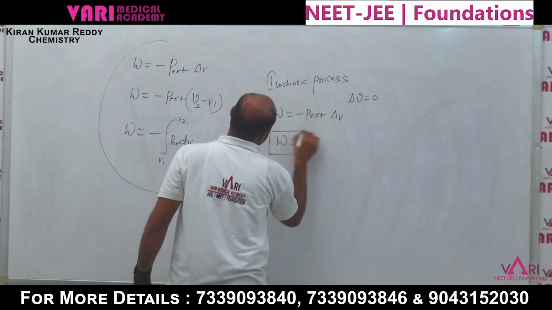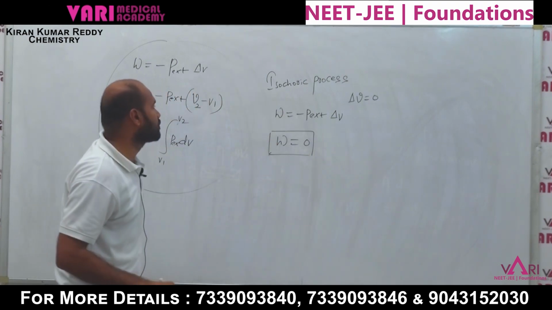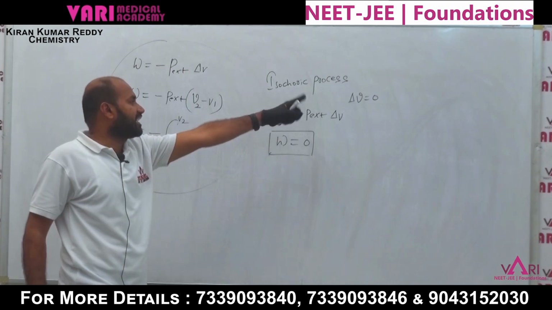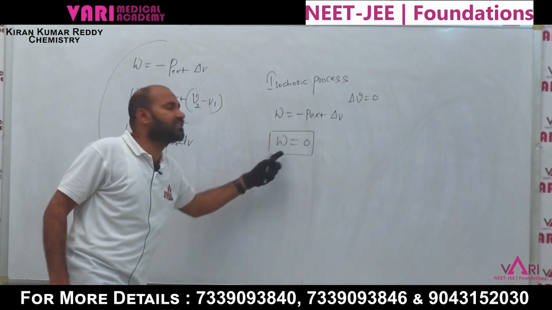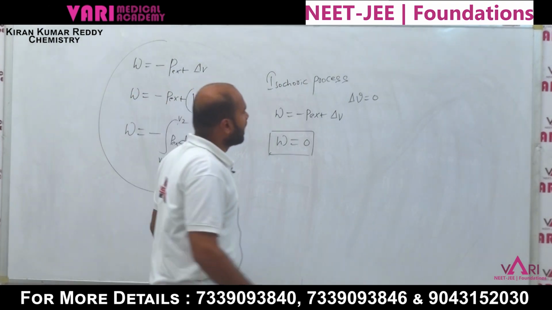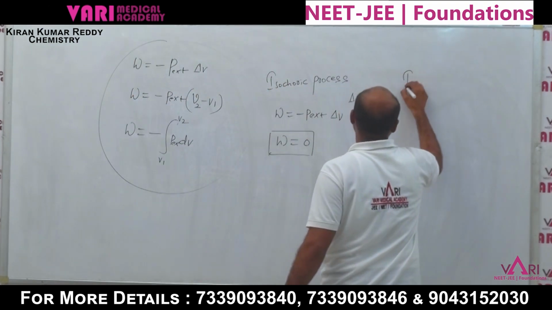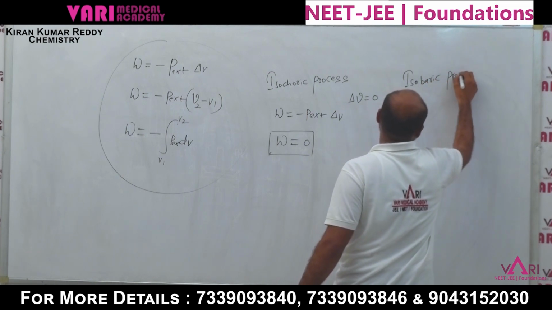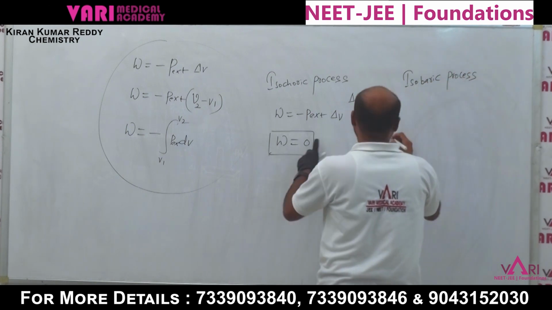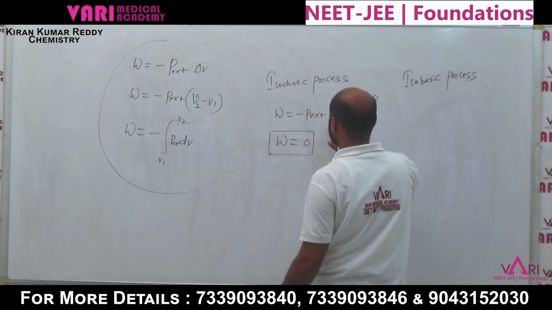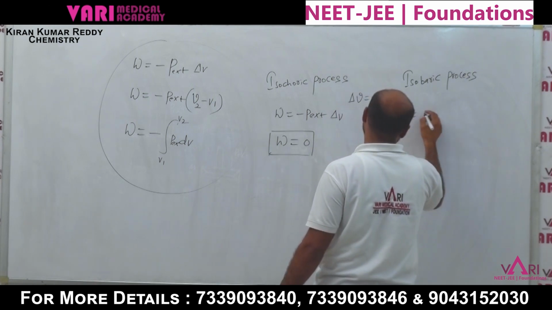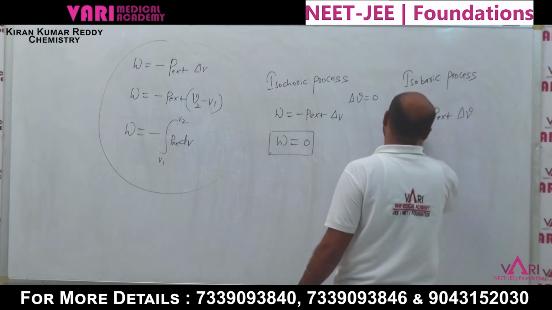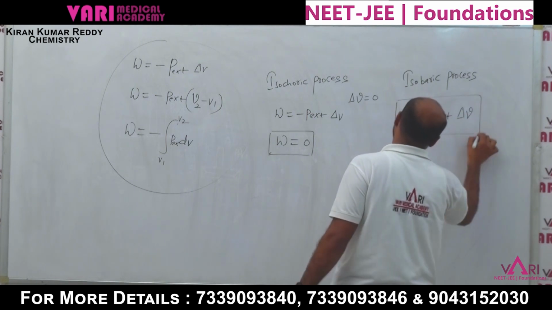What is the isochoric process? Delta V is 0, so the total is 0. Work is 0. If you take an isobaric process, in constant pressure, what is the formula? Minus P external delta V. This is the formula at constant pressure.